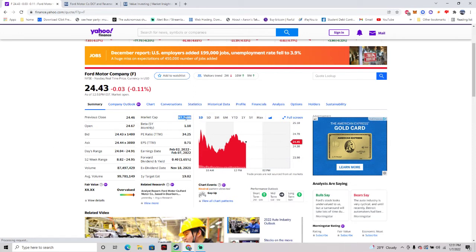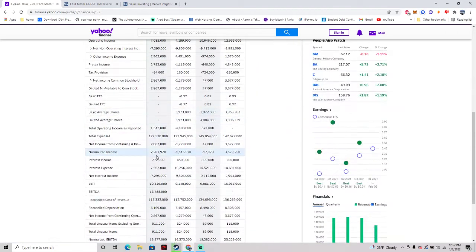So if you bought it for the valuation that the market's giving Ford right now, it was making $11 billion per year, and you bought it for 97 billion, it would take about 10 years to make your money back off of Ford, which is actually a lower PE ratio than what you get basing your valuation off of net income.